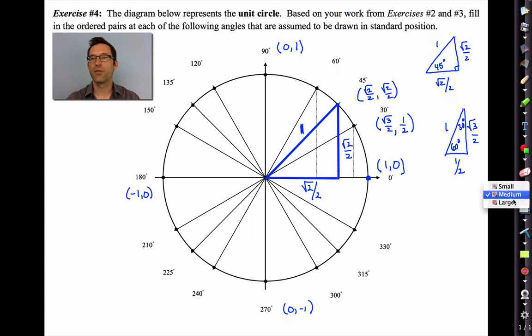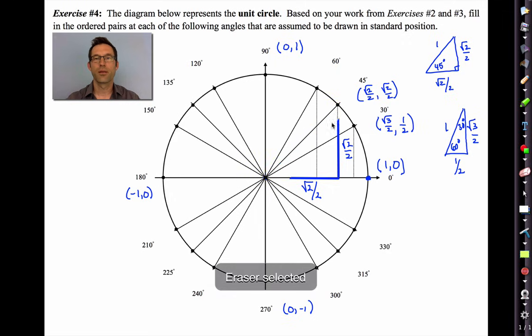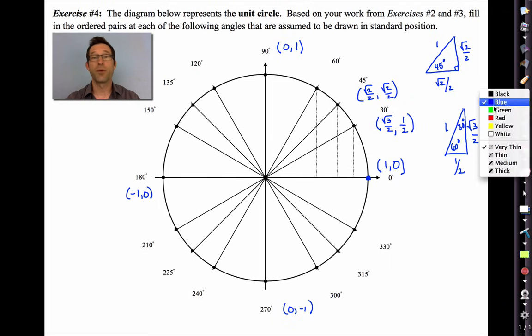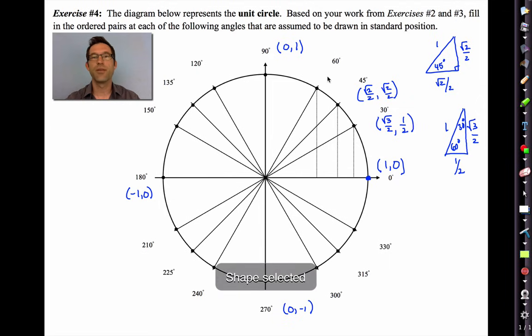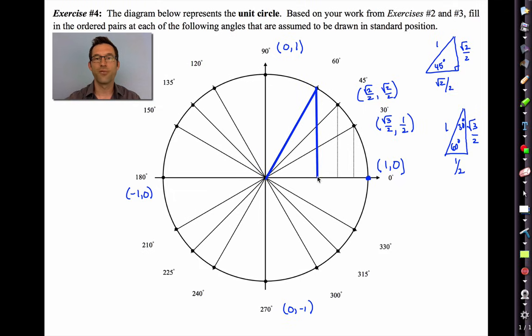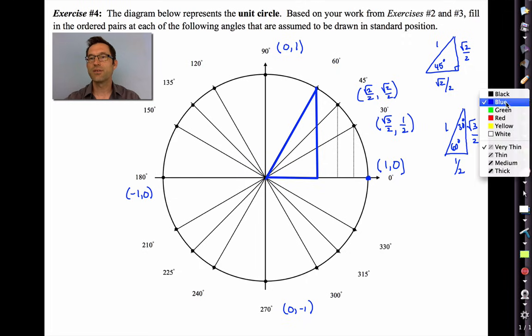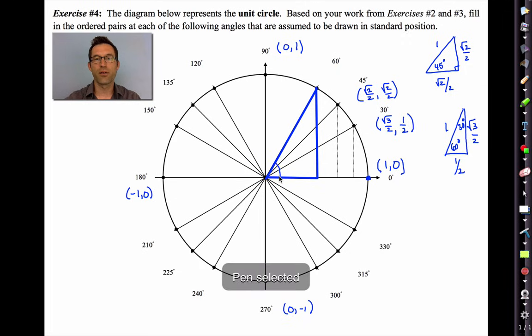Okay, let me get rid of it. All right, this is going to speed up eventually, I promise. Now, let's take a look at this one, the 60-degree angle. The 60-degree angle is being formed, or is helping to form, this right triangle. Now, this is a right triangle whose base angle here is 60 degrees, which means this has got to be 30 degrees.